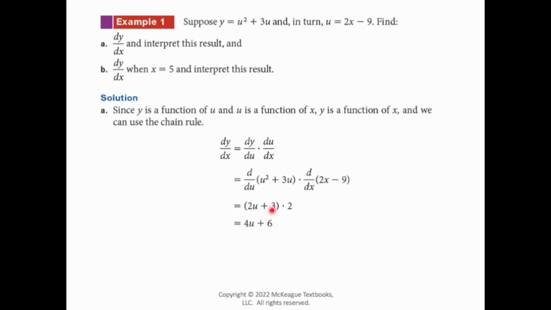But it still isn't listed as the derivative with respect to x yet because we still have this u in here. We want our derivative to have x's in it instead of u's. So the last step is that we're going to substitute for this u right here, and then we'll have everything in terms of x.